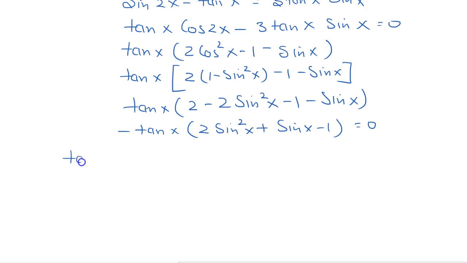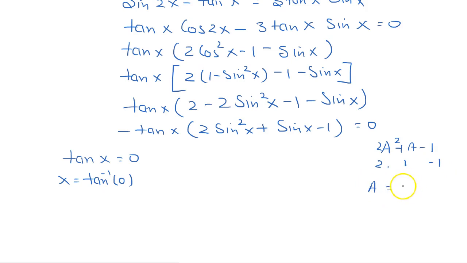So now tan x is equal to 0. So x is tan inverse 0. And for 2 sin squared x plus 3 sin x minus 1, if you solve it, that is 2a squared plus 3a minus 1, so a is 2, b is 3, and c is minus 1.